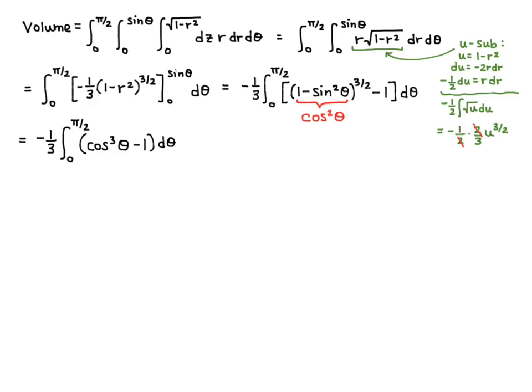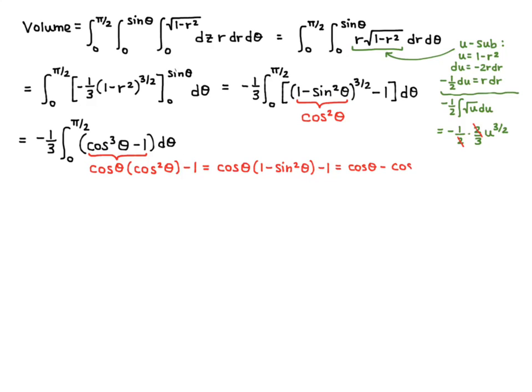Okay, now in order to integrate cosine cubed, I'm going to write it as cosine theta times cosine squared theta. And of course that minus 1 is just going to come along the whole time. So the cosine squared theta, I have a trig identity that tells me that's equal to 1 minus sine squared theta. So I'm going to have cosine theta times 1 minus sine squared theta, minus 1.